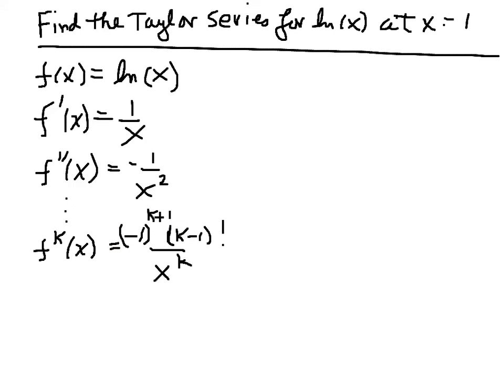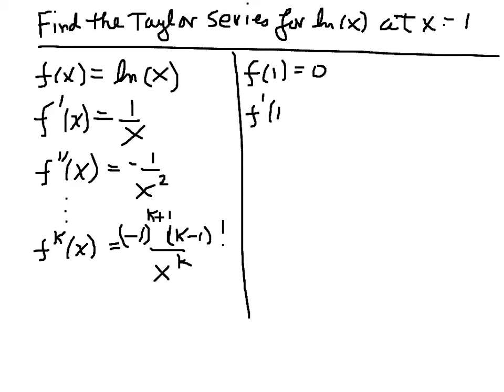So now we go ahead and we find the values for the a's. So f of 1 is 0. Now you see why we have to evaluate it at some number other than 0. f prime of 1 is 1. f double prime of 1 is minus 1.